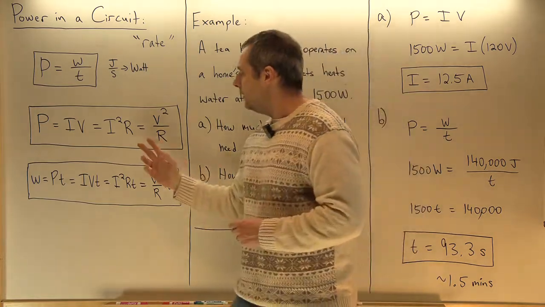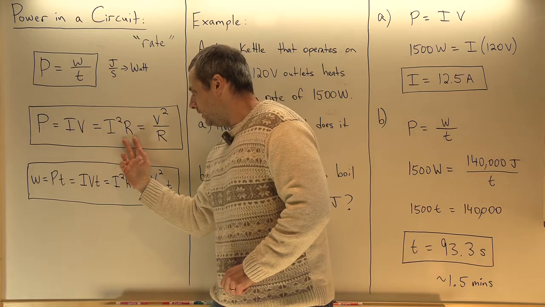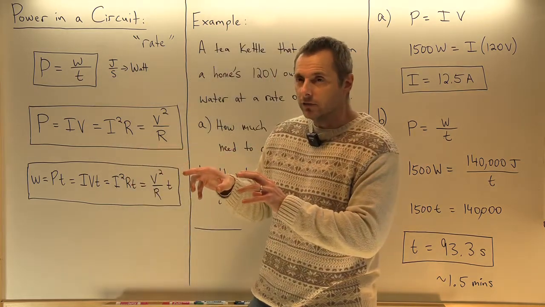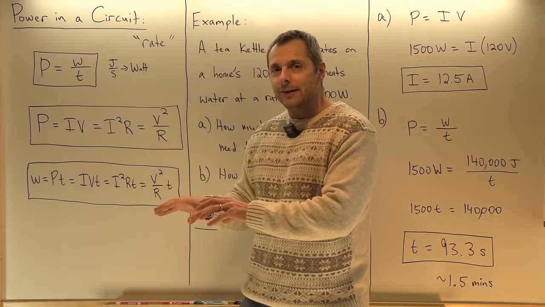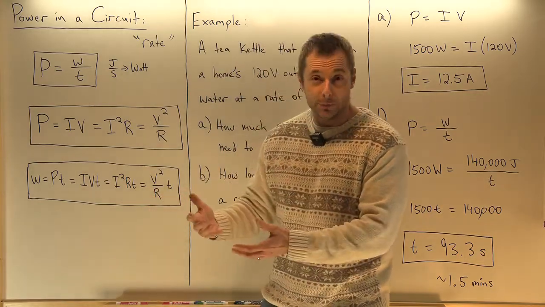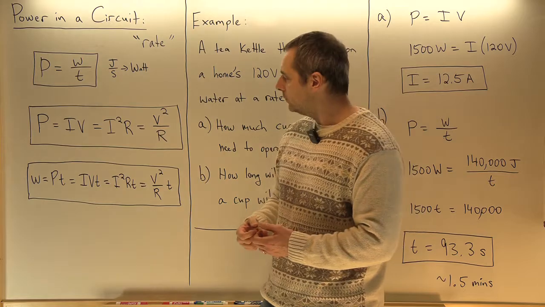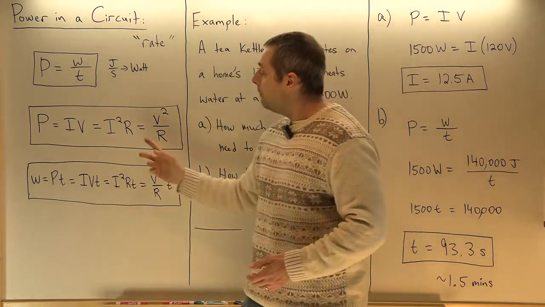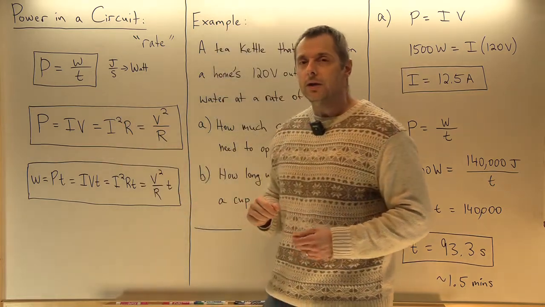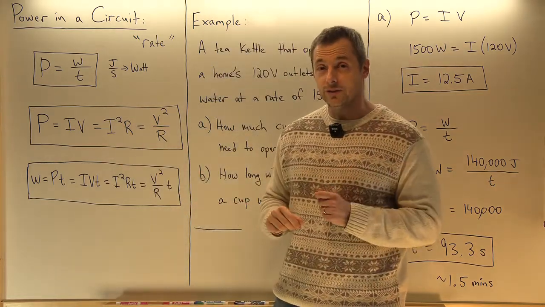Another way to look at it is, suppose you've got a given wire, so the R is fixed. Then the more current you push through that wire, the more it's going to heat up, the more power you're putting into that wire. That makes sense also because you're tunneling more electrons into the atoms and making them hit, but with a squared relationship. So the current's more important than the resistance.